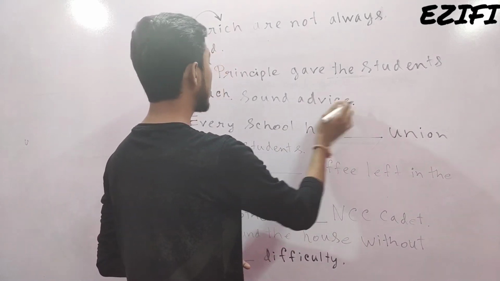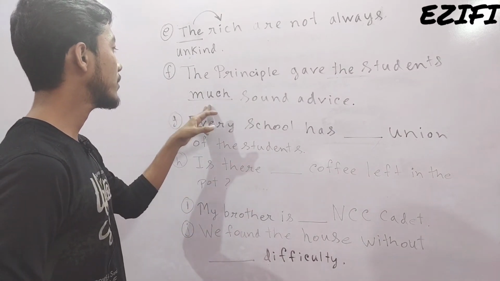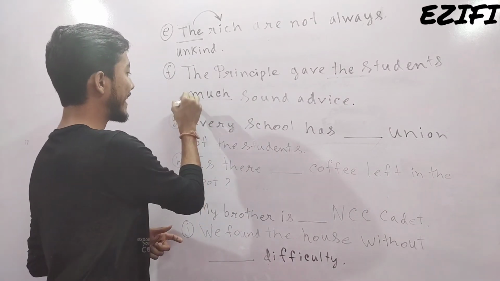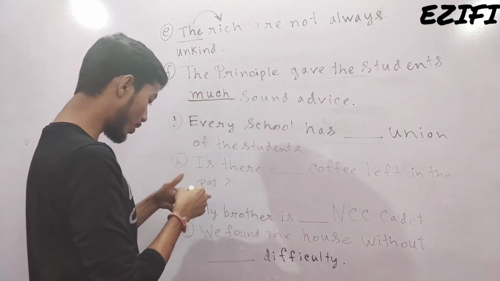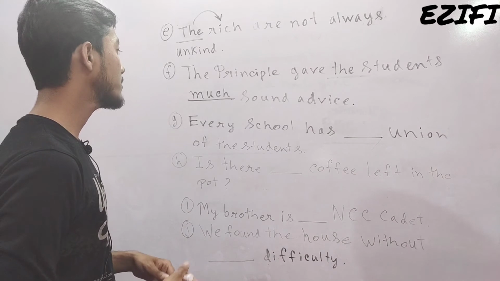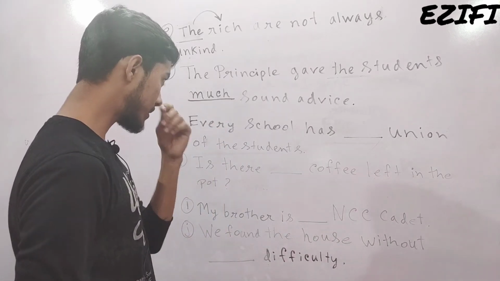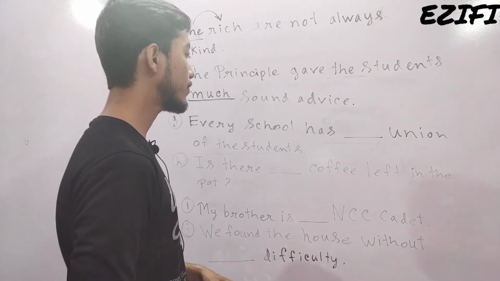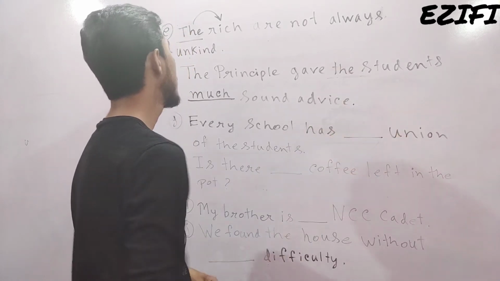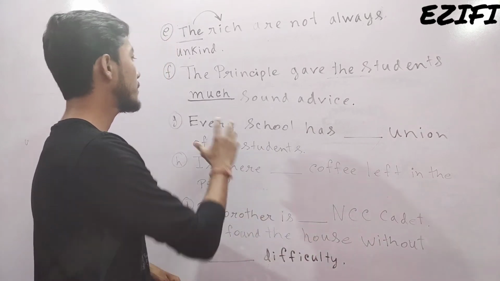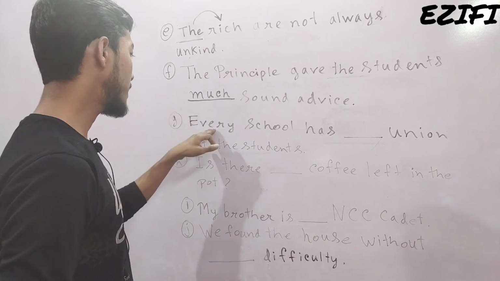If it was advices, then you could have written many, but here we will write much to show the extent of his advice, or the importance of his advice. Always look for plural words. If in the ending we have advices or such words, then we may use many. Otherwise we will not use many.